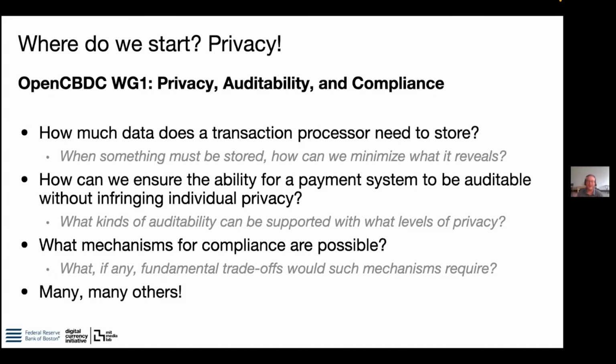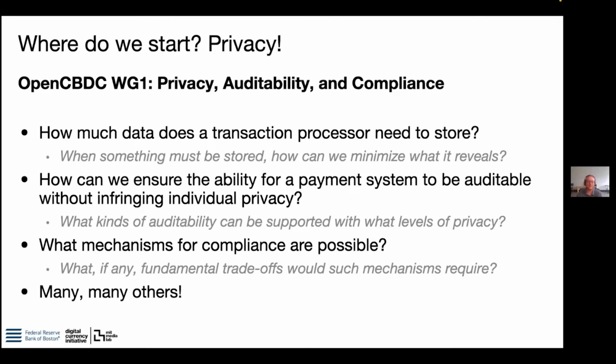Obviously, having the system be auditable is something that's going to be incredibly important. So what kinds of auditability can we actually support in a system like this? What level of privacy can we assure for people transacting with the system, and from whom and for what kinds of data? We're not entirely certain about that yet. These are all still open questions.